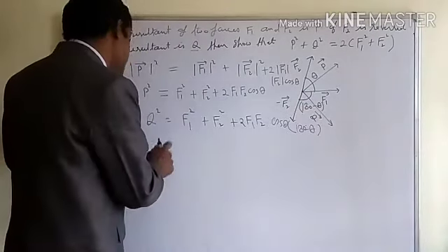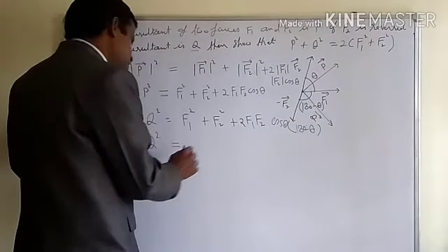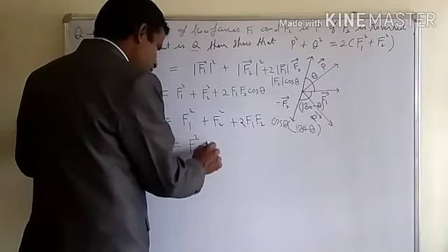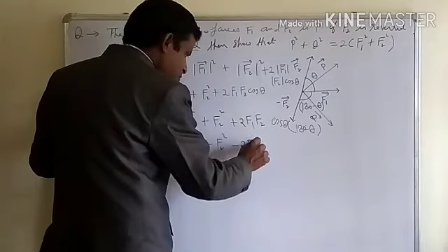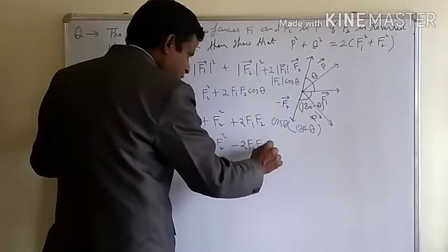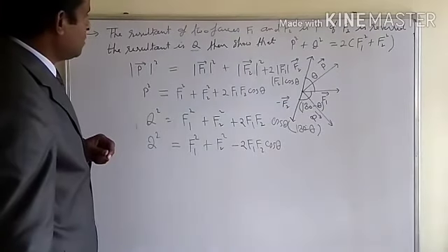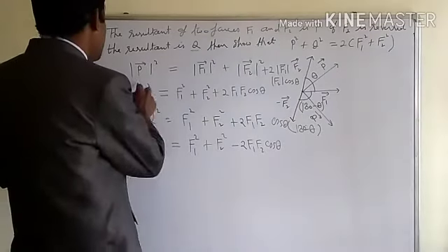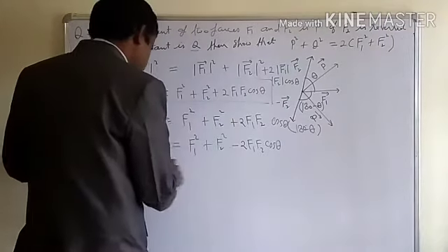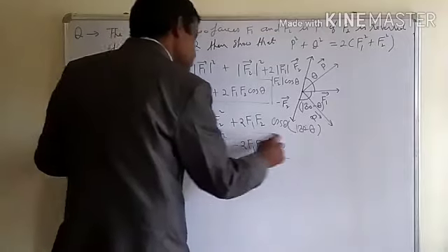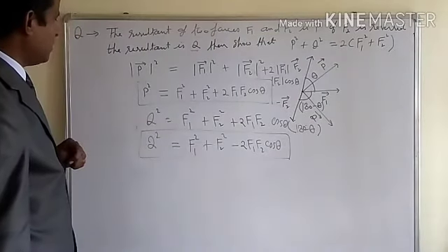So it will become Q square is equal to F1 square plus F2 square minus 2 F1 F2 cos theta. Getting it? So this is the first relation and this is the second relation. By adding these two relations, we'll get the result.